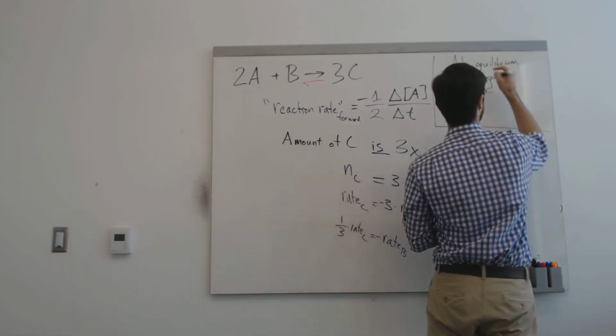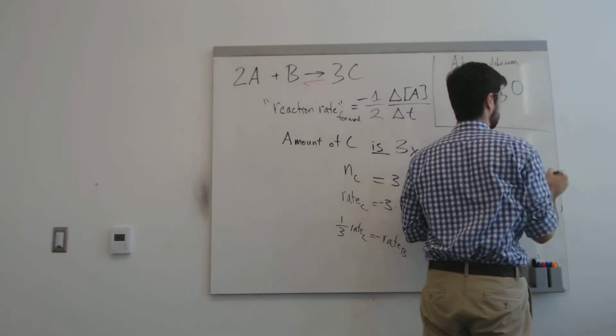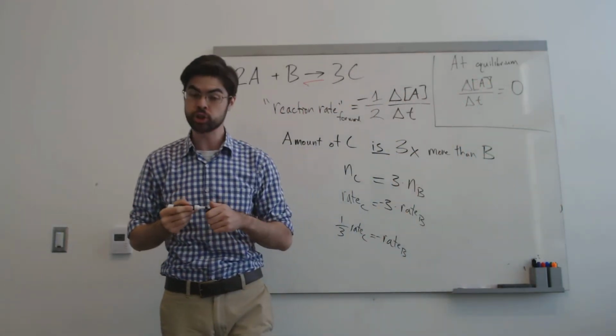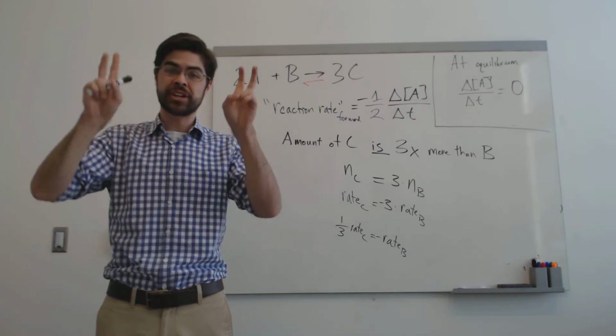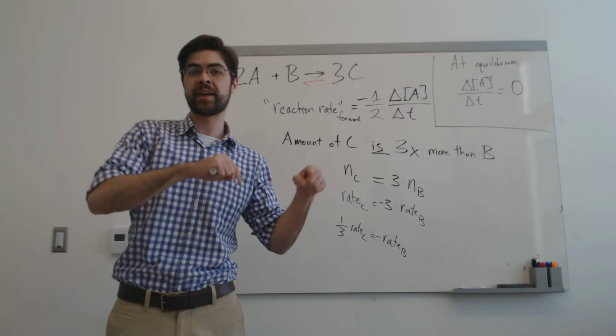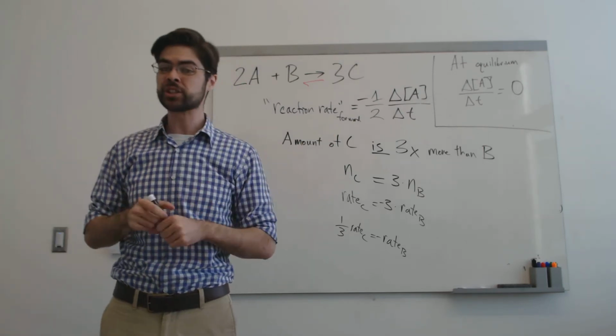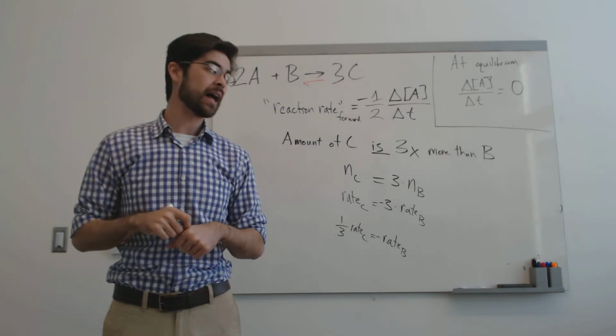Okay. If you're at equilibrium, the rate of change of one of the reactants should be 0. The reaction has quote unquote stopped, or at least it appears as though it's stopped. You're not producing more A and you're not producing more C, which means that their concentrations shouldn't be changing.